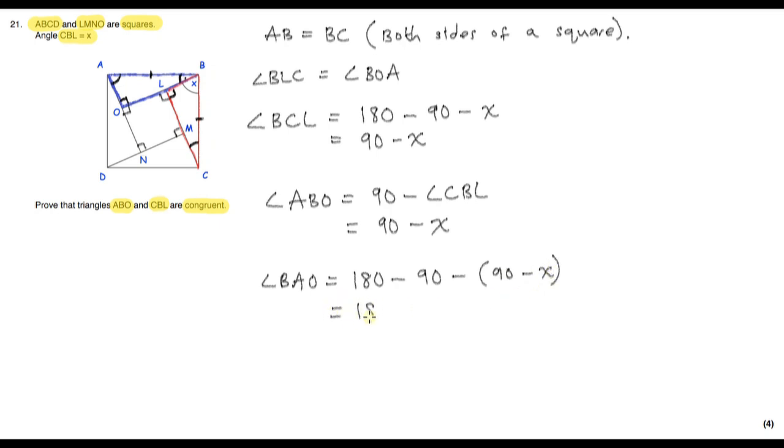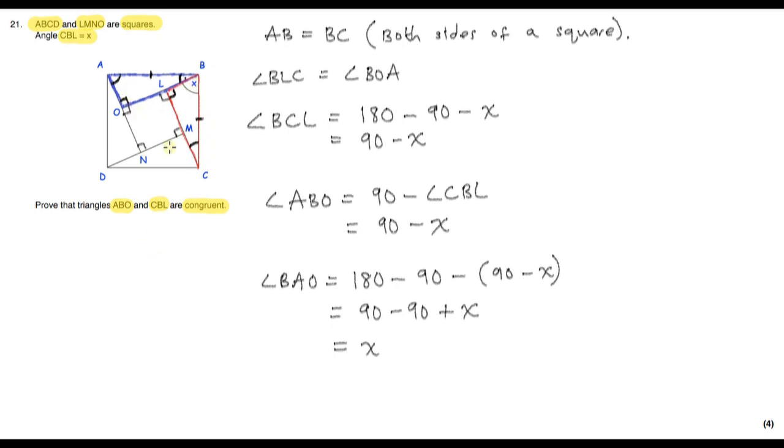So we've got 180. Oh, well, 180 minus 90 is just 90. And then we've got minus 90. And then if we're subtracting negative x, that's just going to be plus x. So 90 minus 90 is 0. So we're just left with x. So we have just proven that is exactly the same.